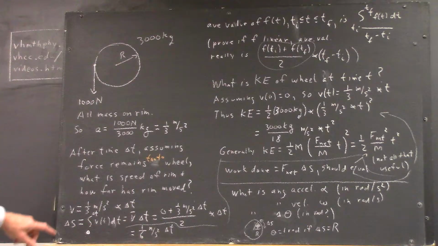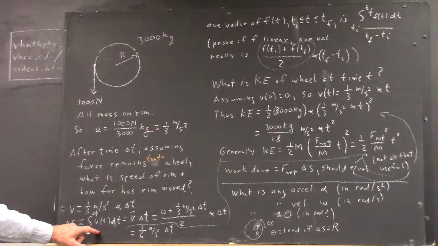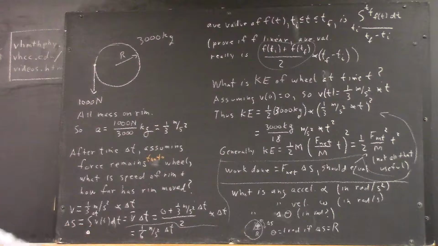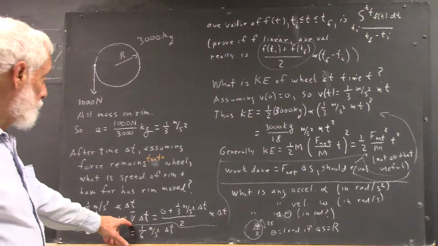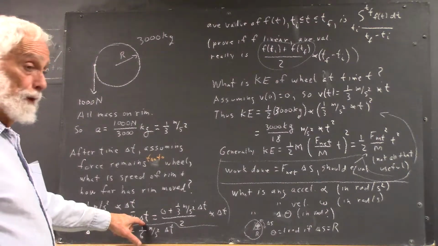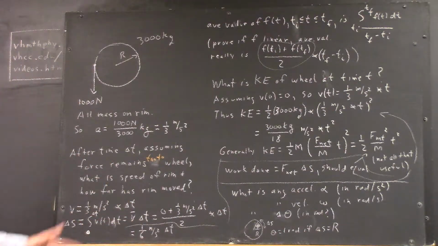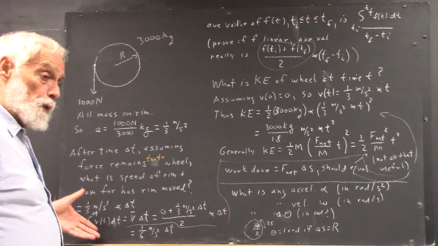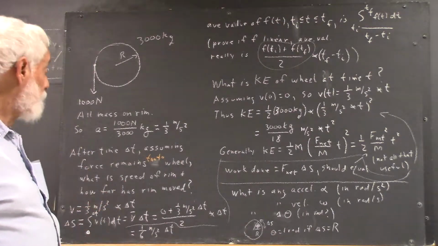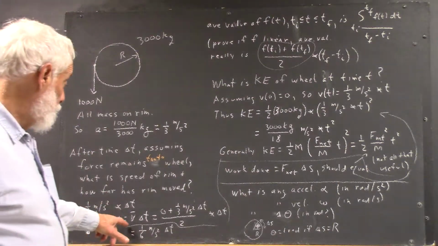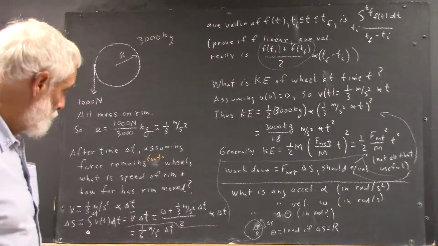So the displacement is going to be the integral from 0 to delta t of the velocity function, which is of course equal to the average velocity times delta t, by the definition of average value of an integrated quantity. That just goes back to calculus, one of the most basic results.